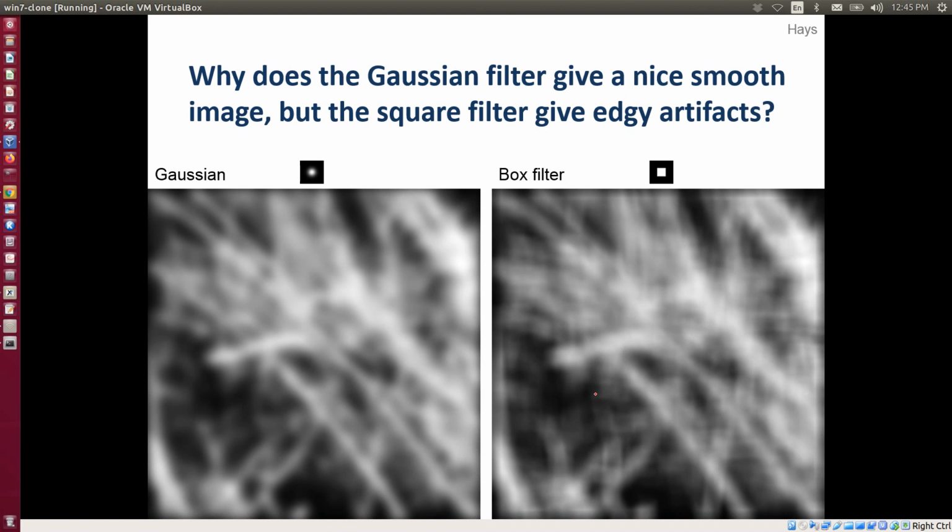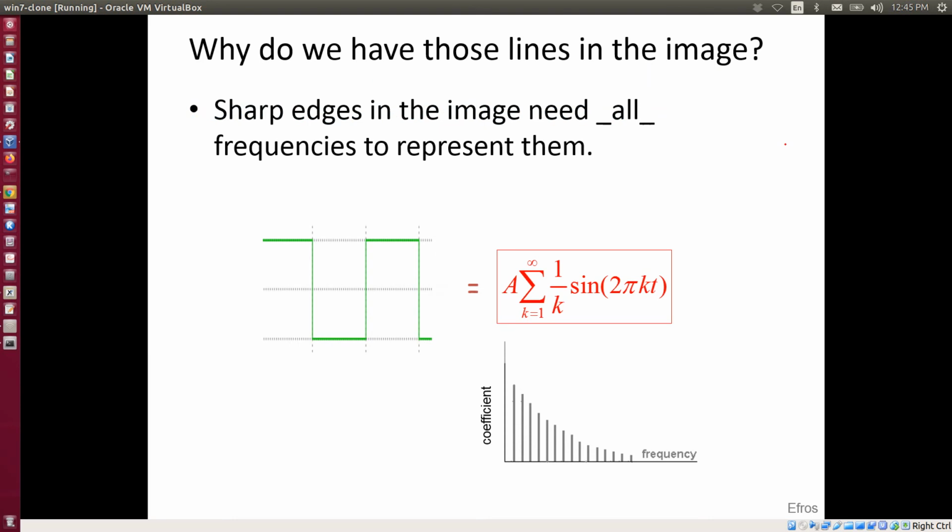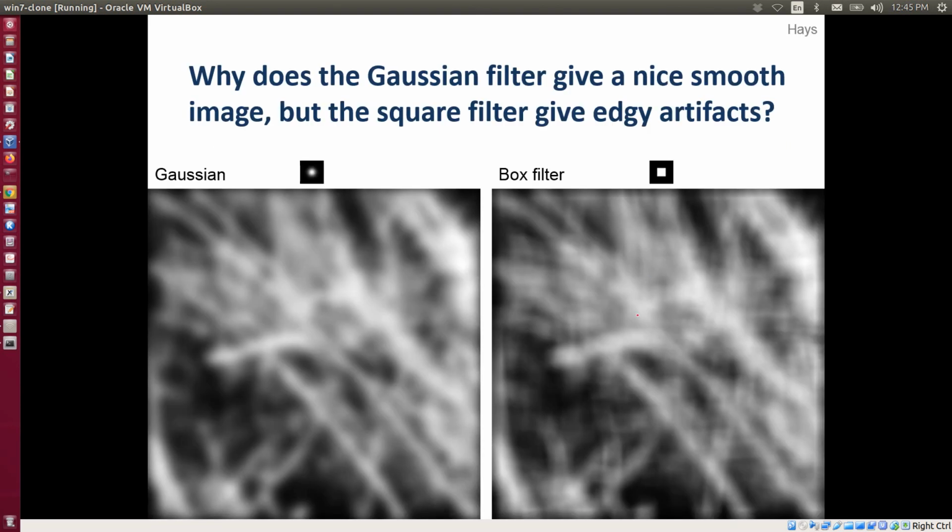And I showed earlier that we have a box filter, and also one that is not a box but a circle. But similar to this box filter, it has this kind of ripple artifact, right? Actually, I asked last time why we have this artifact.